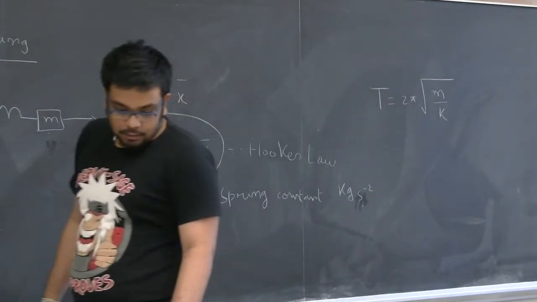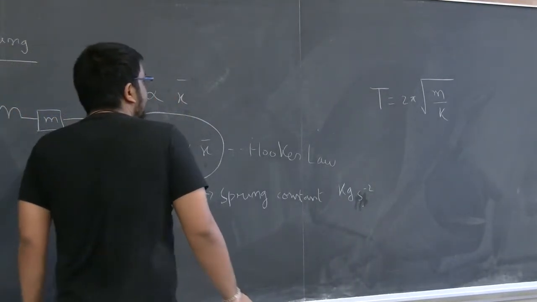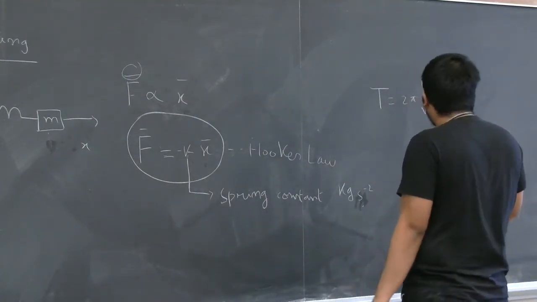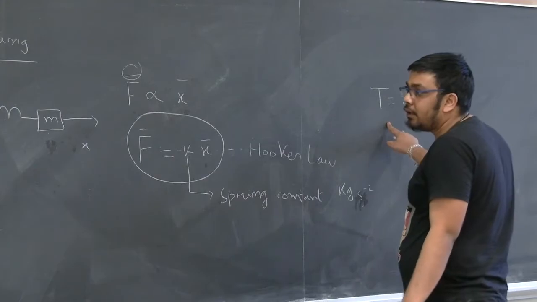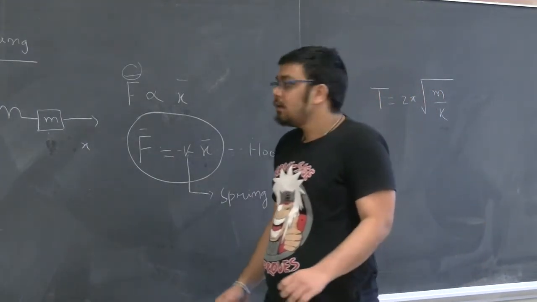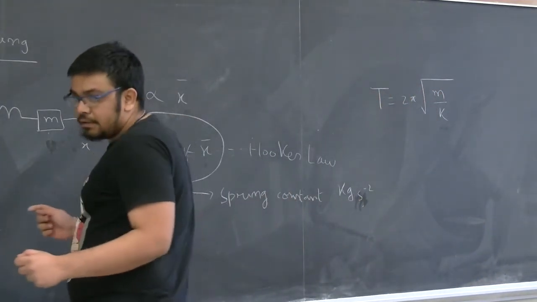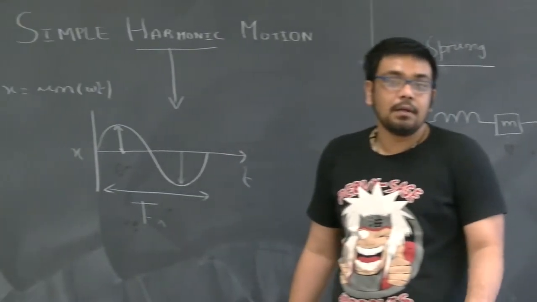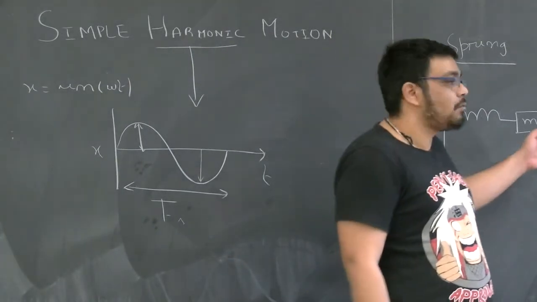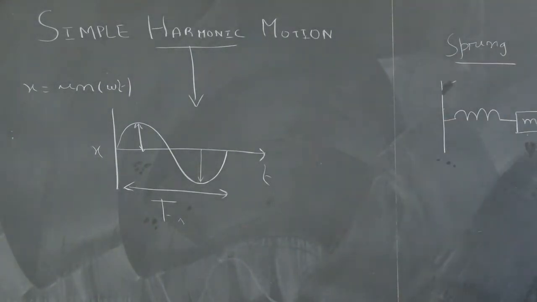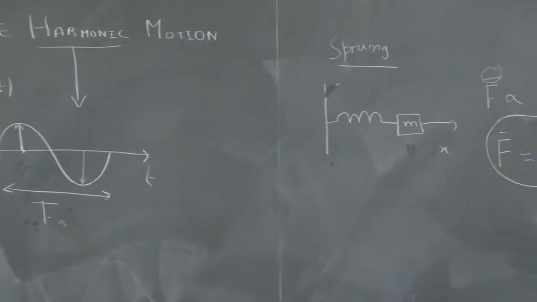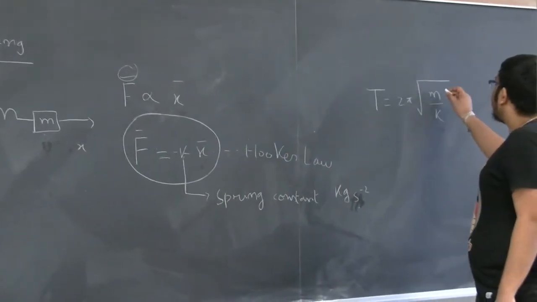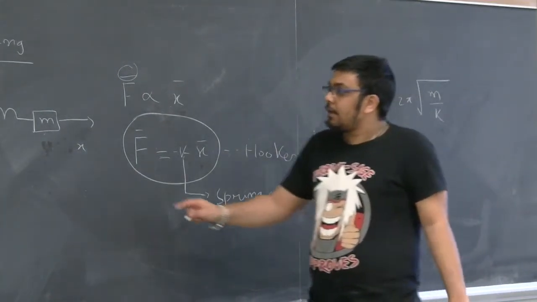So you see that the period is inversely proportional to the square root of the spring constant, and hence the higher the spring constant, the smaller will be the period, which can also be understood intuitively, because a high spring constant means the force will be greater for the same amount of displacement, and for greater force, the object will be pulled faster, so it will take less time to complete one entire oscillation. So this formula makes sense intuitively, and this m here is the mass of the object.